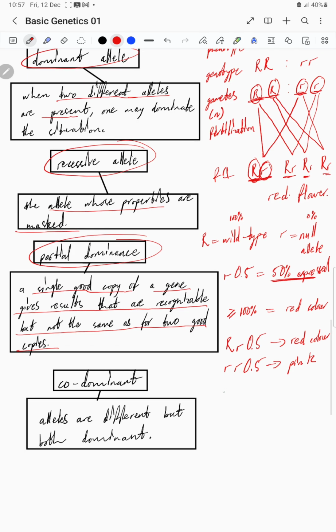If we have two partially expressed R alleles, we see that we have 100% expression and we have a red color. But if we have a recessive and a recessive, there will be no pigment, so we are going to have a white flower.